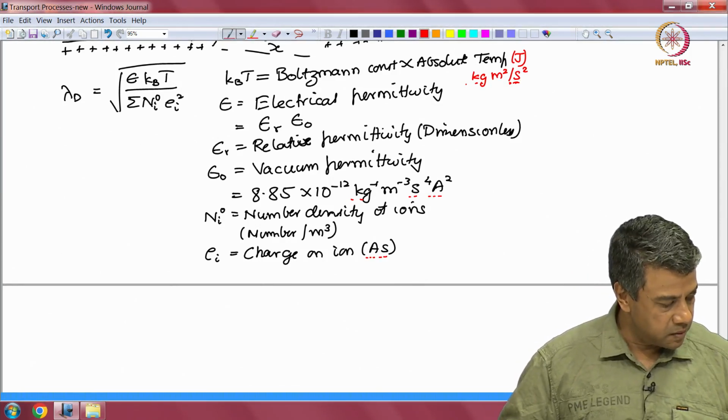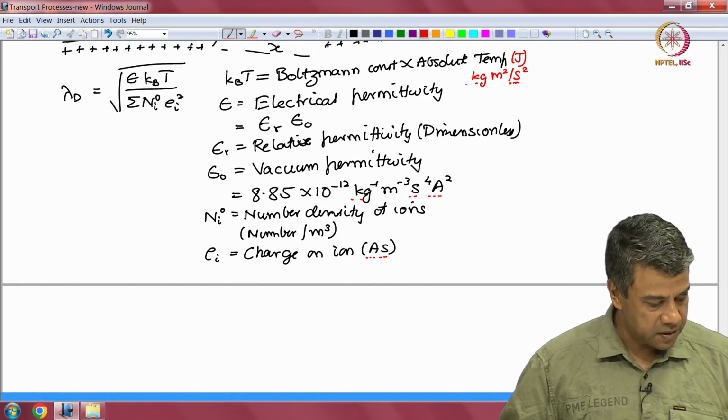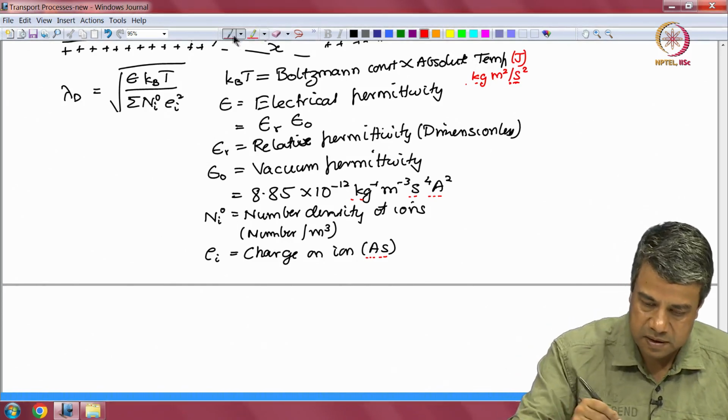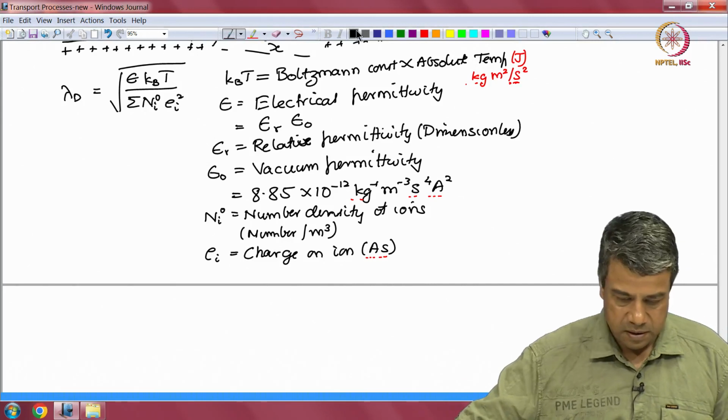So, let us consider what is the value of this Debye length for real situations.